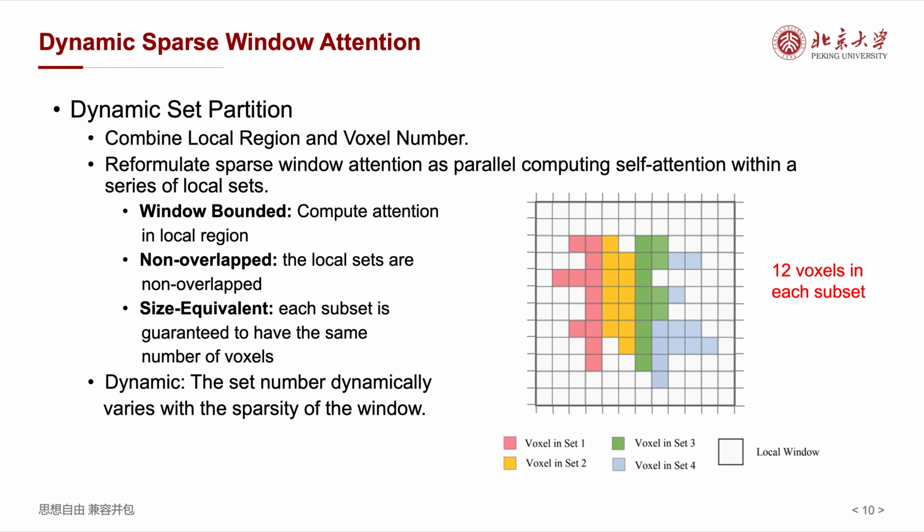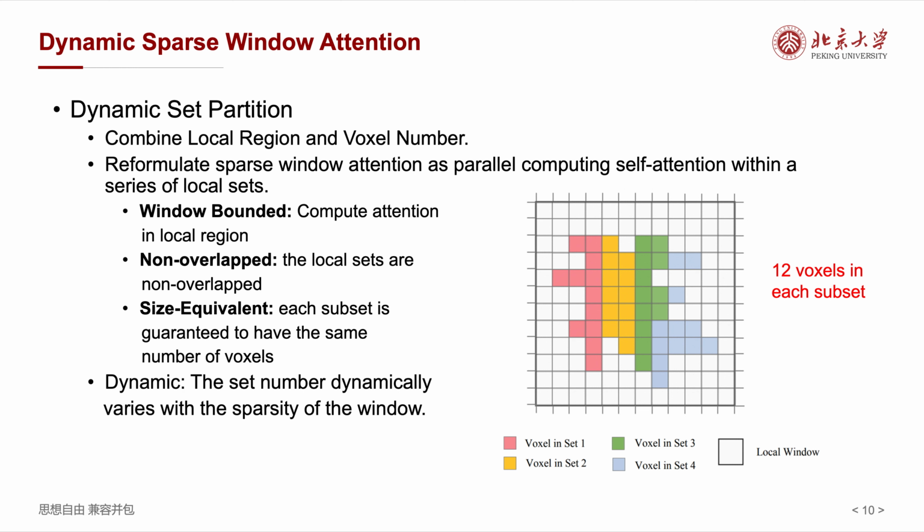Secondly, they are non-overlapping, which is for the convenience of updating features. Finally, they are size-equivalent, where all sets contain the same number of voxels and those that are insufficient will be padded. This is for the convenience of parallel computing.